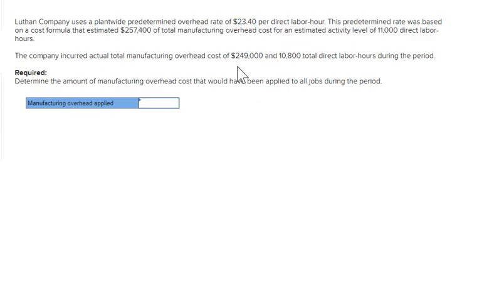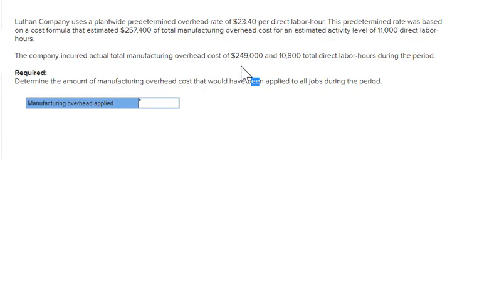On the other hand, these two numbers are actual numbers. You don't know them until the end of the period. After you do all the jobs, now you actually spend this much money for this many labor hours. Right now it's asking us how much has been applied to job orders during the period. It's not asking how much overhead we actually spent. We already know that. But how much did we apply?